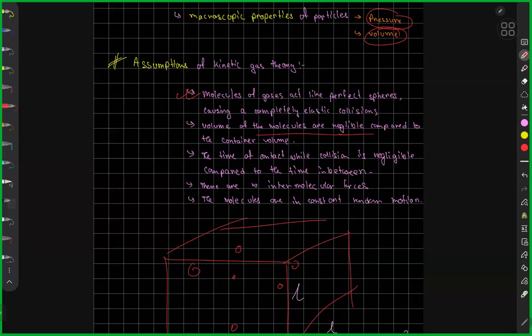Why is that necessary? Because of the ultimate formula that we derive. There we consider the volume to be L cube. If the volume of the particles is really large, we have to subtract the volume of the particles from L cube. Do we get that idea? So it's very important to make this assumption that we have a really large volume available and the atoms themselves are very, very small, negligible.